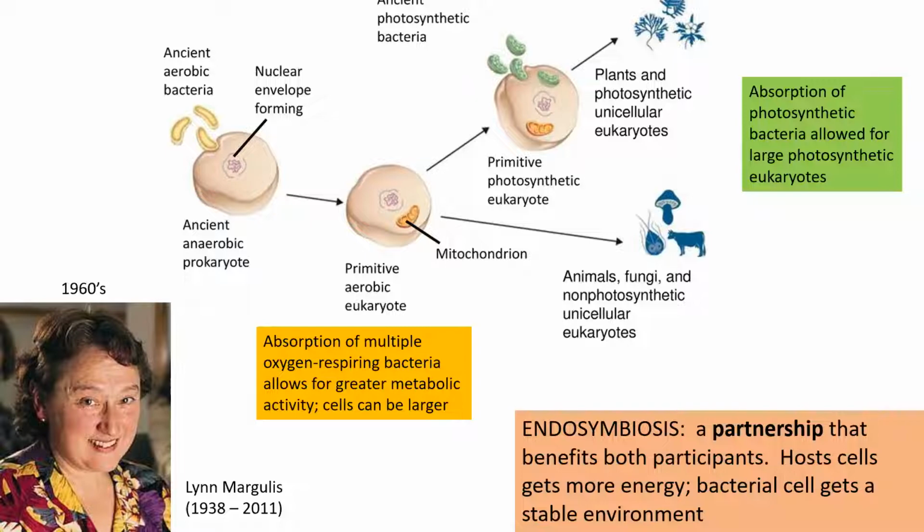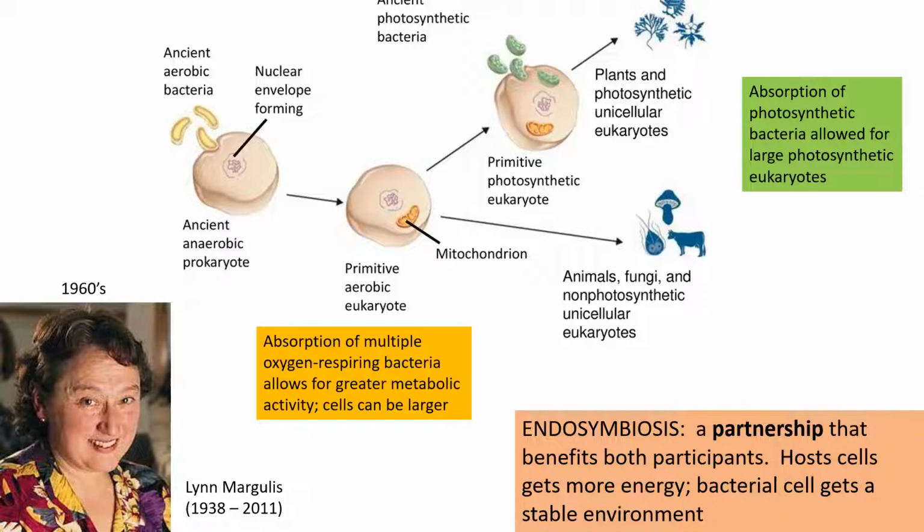She saw that mitochondria, where aerobic respiration occurs in our cells, and chloroplasts, where photosynthesis occurs in plants or multicellular photosynthetic organisms, have their own DNA. That's weird. Why do they need DNA? I've got DNA in my own cell. Why does that mitochondria need its own DNA?